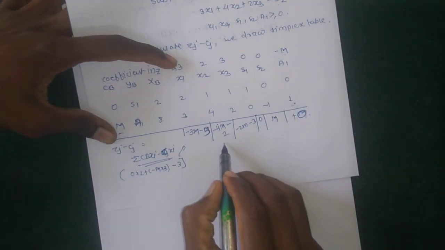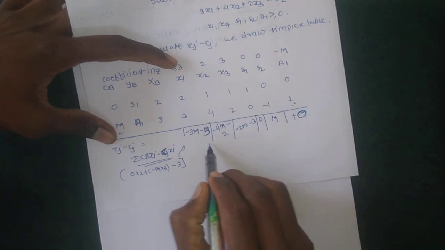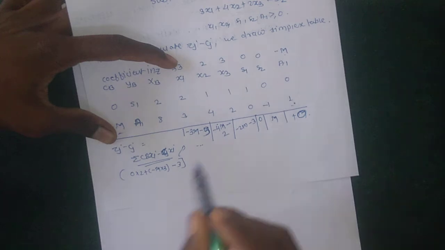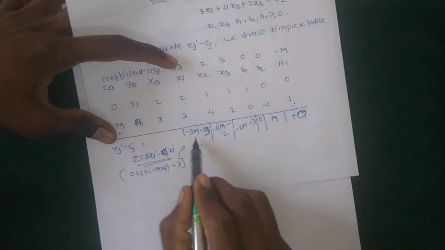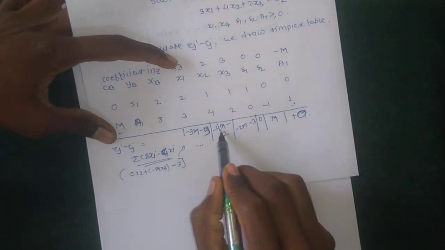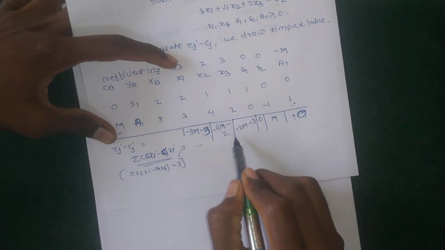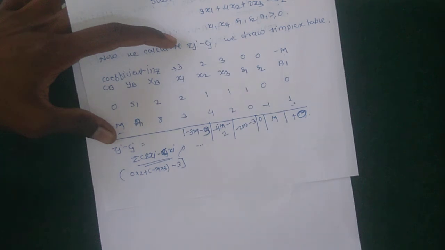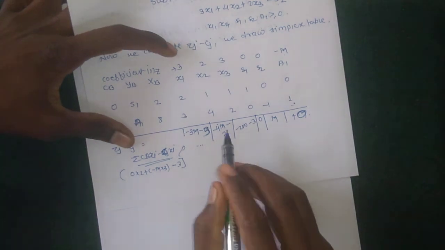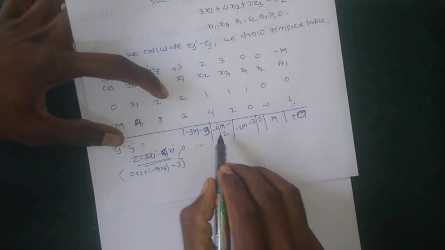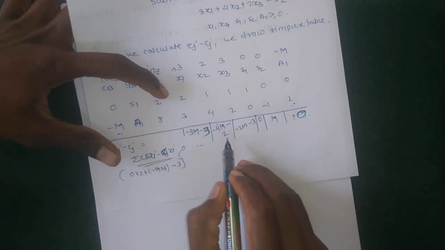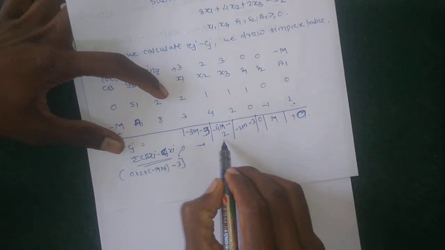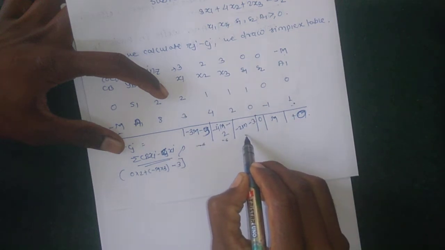So we have to find the most negative. Which number is the most negative here: minus 3M minus 3, minus 4M minus 2, or minus 2M minus 3? If we take M equal to 1, then the values are minus 6, minus 6 and minus 5.